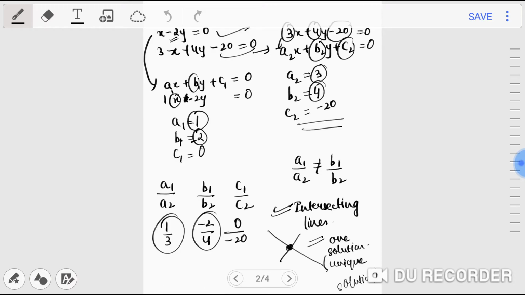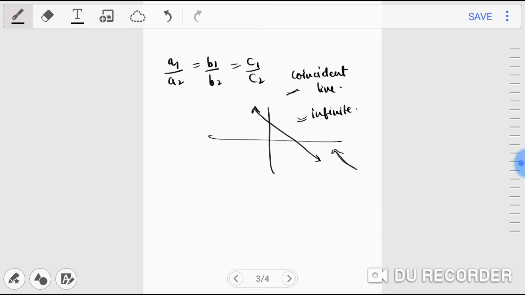Your first condition says if a1 upon a2 is not equal to b1 upon b2, that means the lines are intersecting and you will have one solution. Your second case says if a1 upon a2 is equal to b1 upon b2 is equal to c1 upon c2, then such lines are coincident lines, meaning the two equations give the same graph, and all the points are equal, so they will have many solutions, infinite solutions.